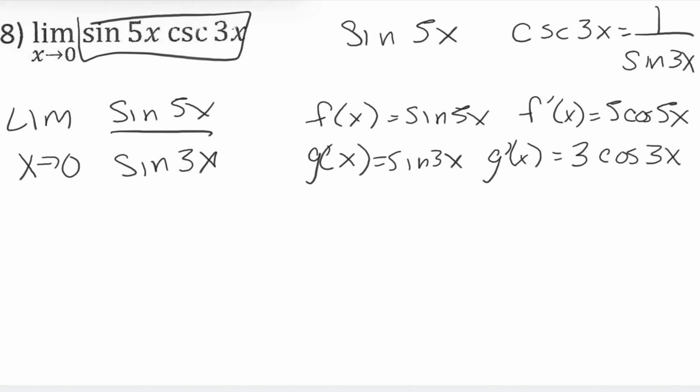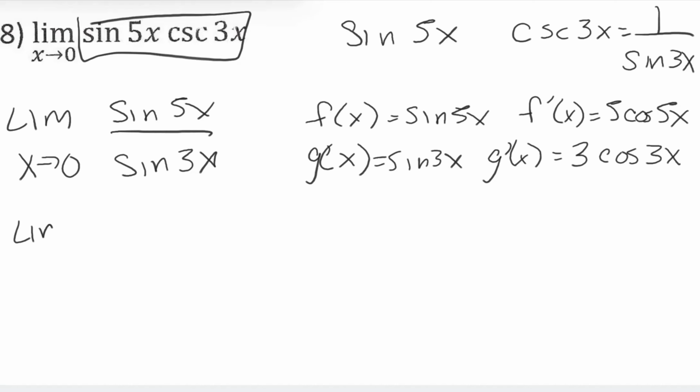The 5 in front and the 3 in front come from the chain rule, because the derivative of 5x is 5 and the derivative of 3x is 3.